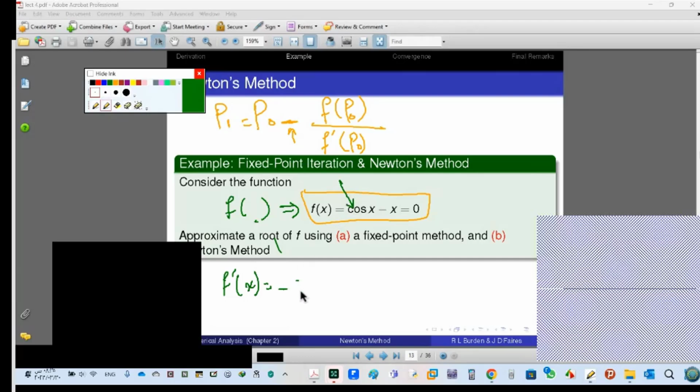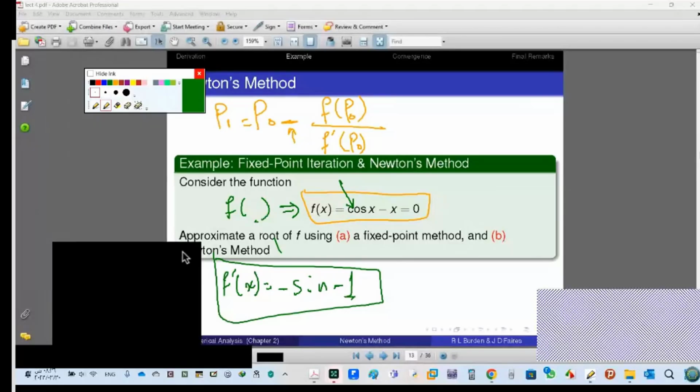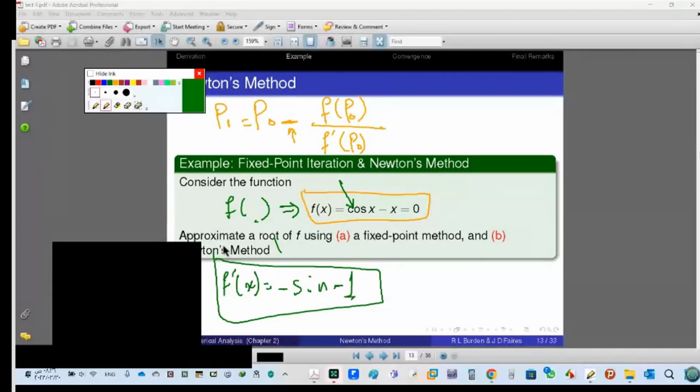Thank you so much. Minus sine. Minus x minus 1. Correct? Yes, so the derivative of cosine x is minus sine x. So f prime is minus sine x minus 1.